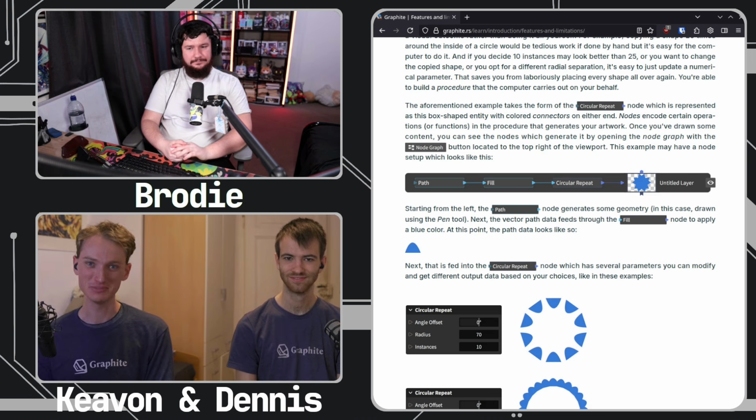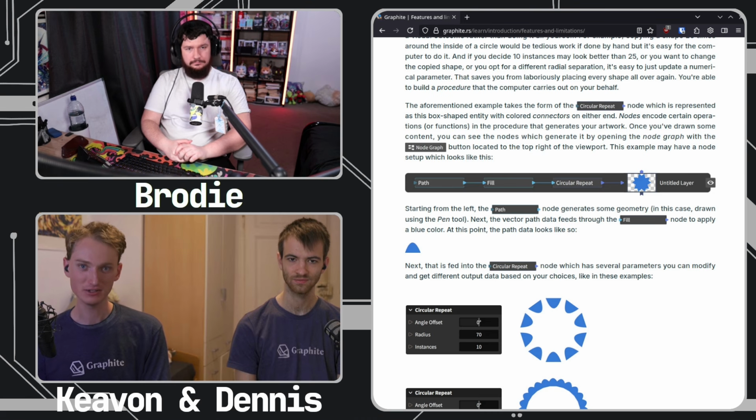But ultimately the goal here is to build this non-destructive procedural graphics engine using a node-based system to encode your artwork, while, and this is the really important part of our core design philosophy, wrapping it up inside an editor that doesn't feel like, or even expose the fact that you're using nodes at all, unless you choose to opt into that complexity.